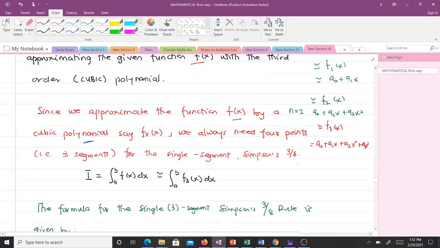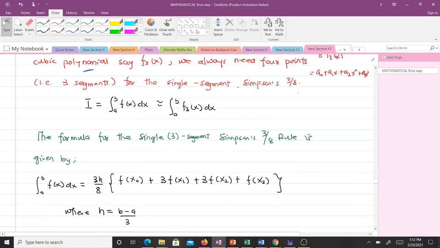Okay, so let's say we have I, and I is equal to the integral from a to b of f of x dx, and we want to integrate this. We can approximate our integrand f of x with this third order polynomial, which is of the form a0 plus a1x plus a2x squared plus a3x cubed.